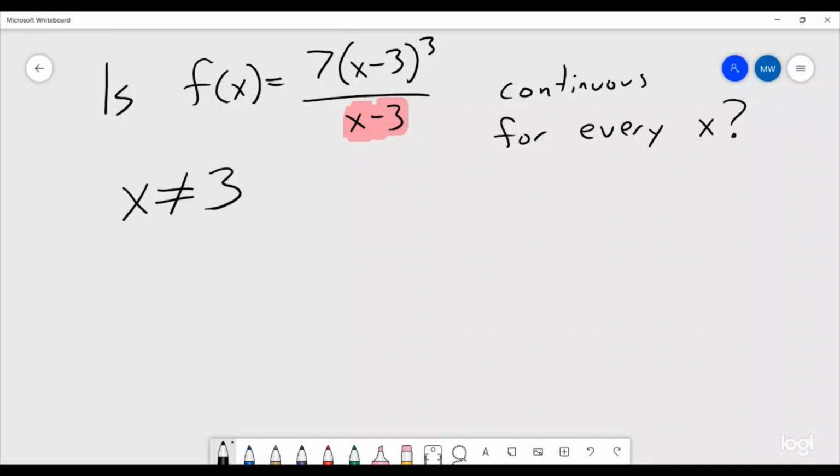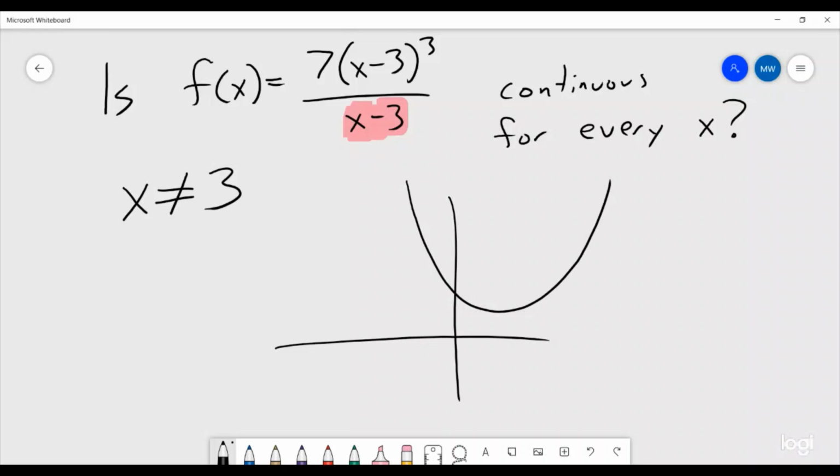Even though the top is 0 and we can find the limit as x goes to 3, this is not continuous at 3 because there is going to be a problem when we divide by 0. If we were to look at the graph of this, it would look something like this, where there's this tiny little hole right here. That's what this is dealing with. We can't have this be continuous there because it's not defined there.